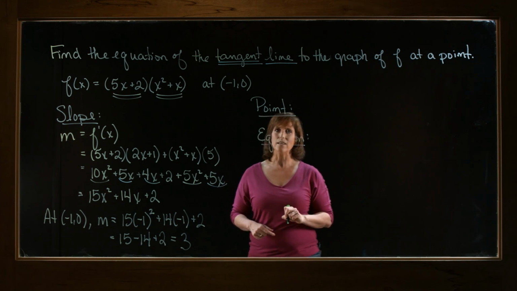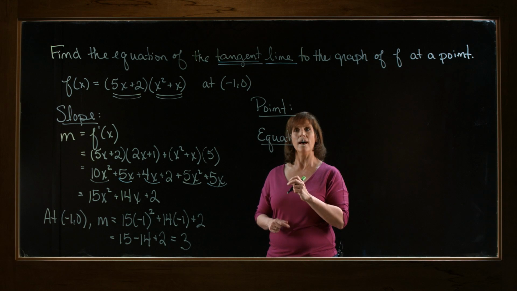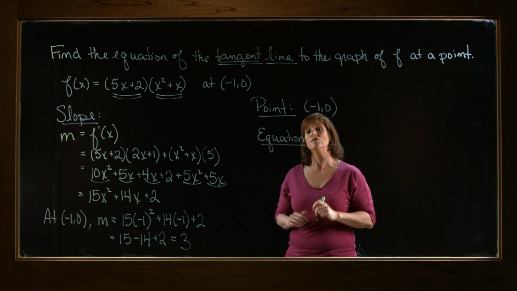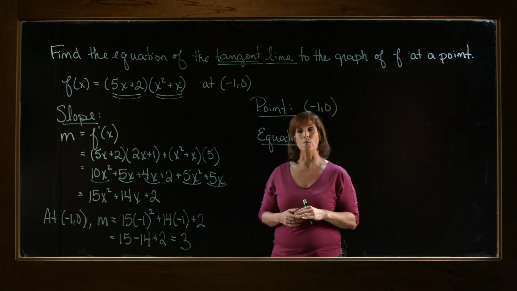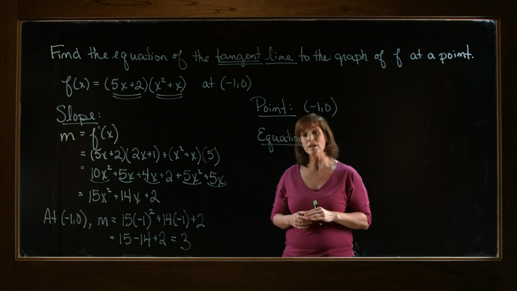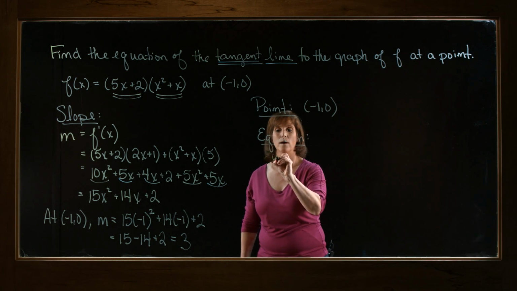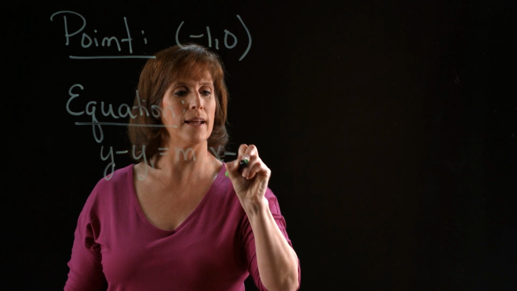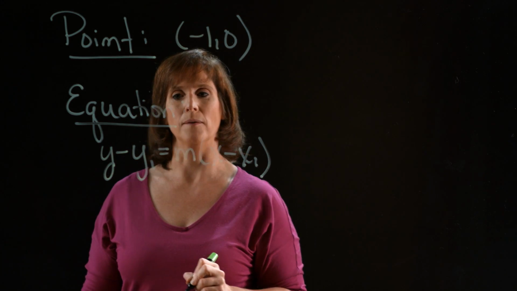Well, the next thing I needed for the equation of my line was a point, and that was given to me, -1, 0. So now I can put this all together to form the equation. I'm going to use the point-slope formula of a line. y minus y1 equals m times the quantity x minus x1.